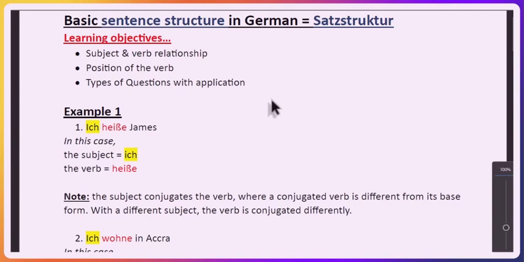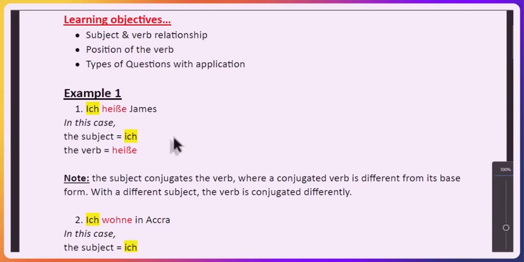So the first example is this one, which we are all familiar with. If you don't know anything about this, please watch my previous videos where I talked about how to introduce yourself in German, and the questions and answers. So this is Ich heiße James.